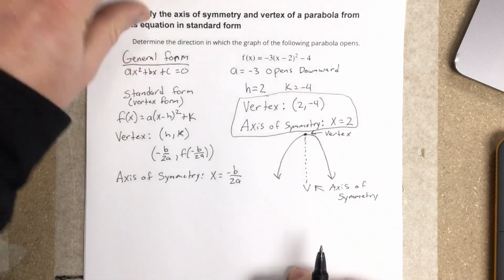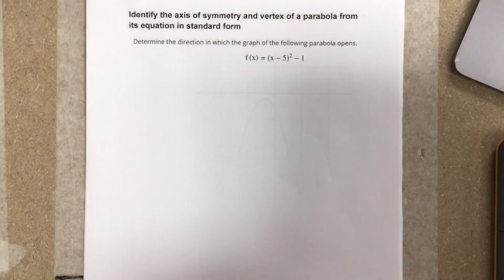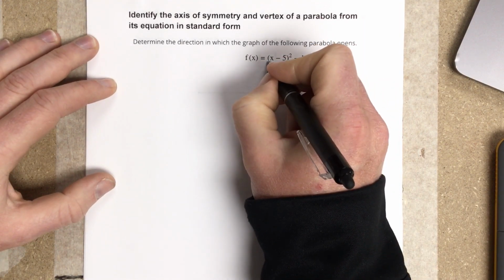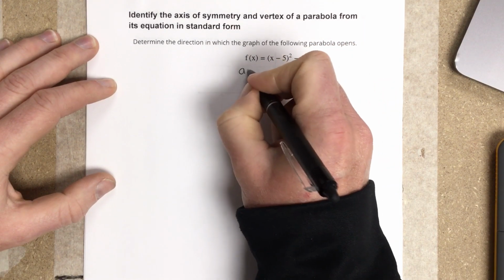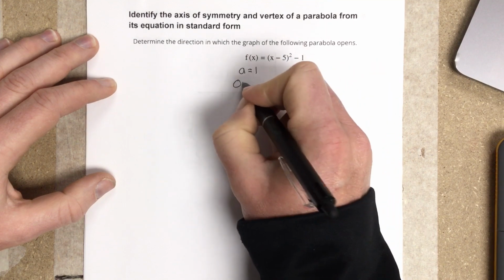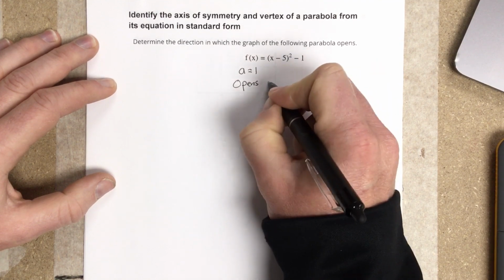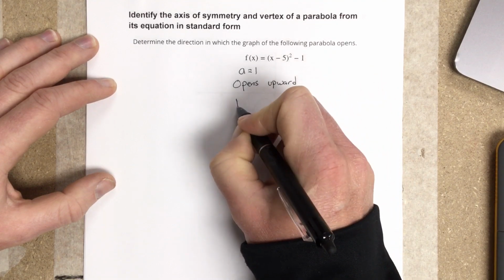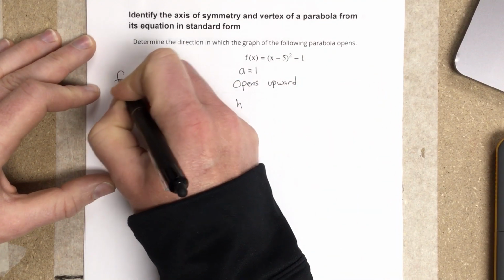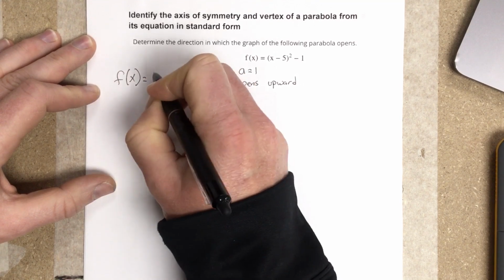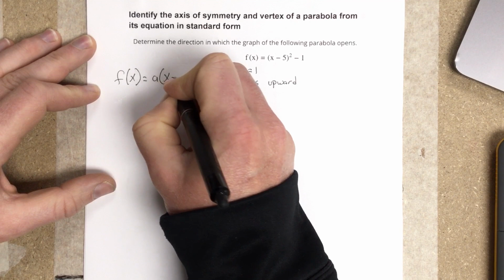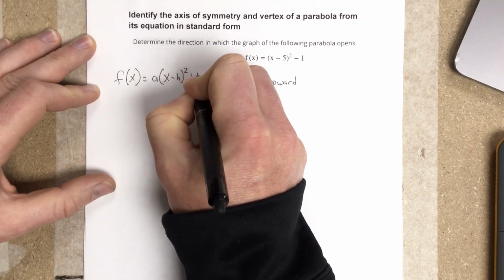Let's go ahead and do a second example. So our a value here, they don't have an a written, so that means it's 1, which means this opens upward. Our h value, remember if I write the equation again, f of x equals a times x minus h squared plus k.